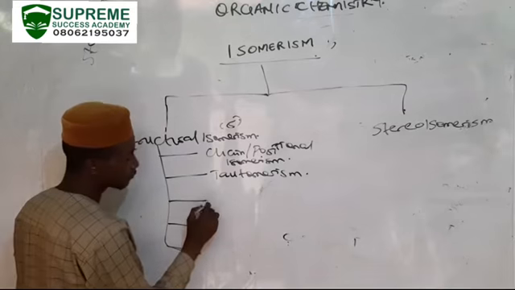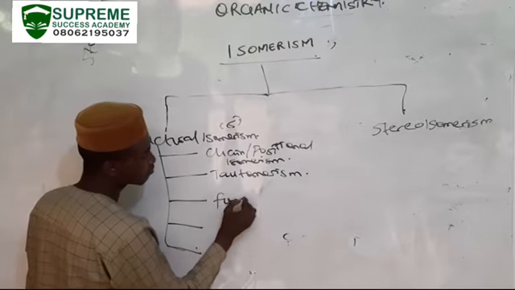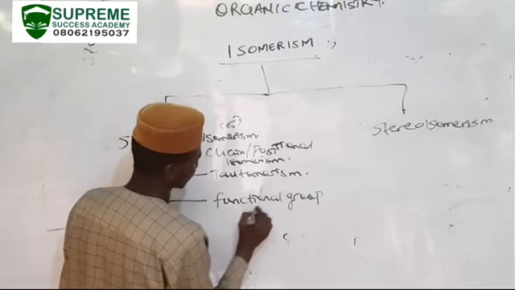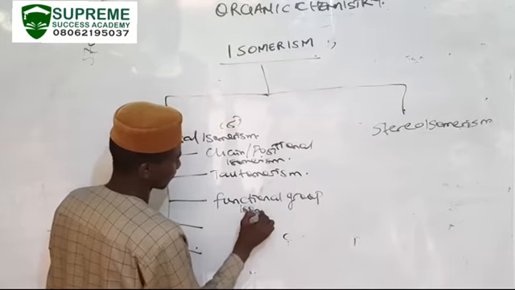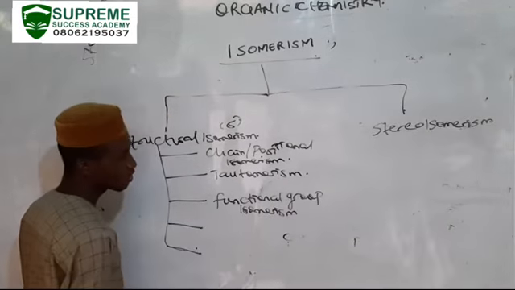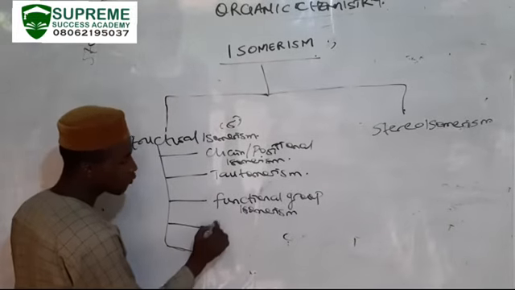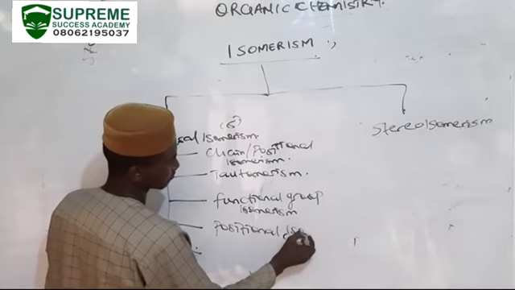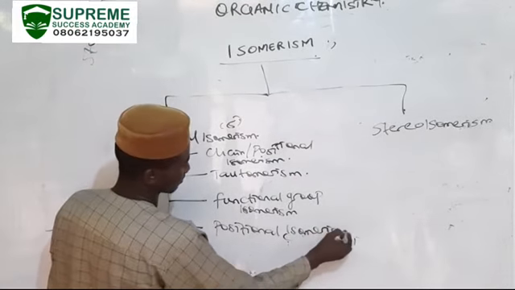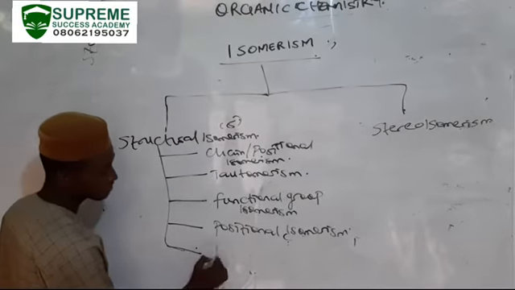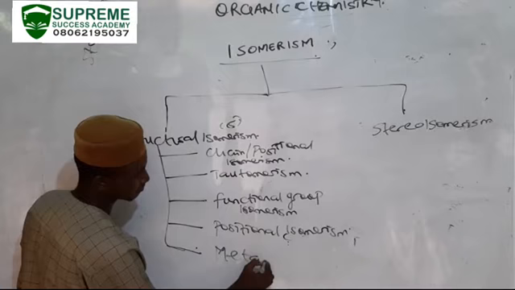We also have functional group isomerism, which is due to a difference in the functional group. We also have positional isomerism. Then we have metamerism.